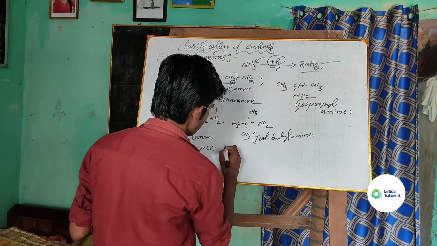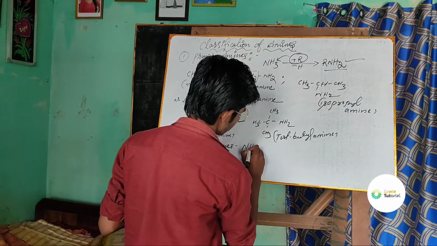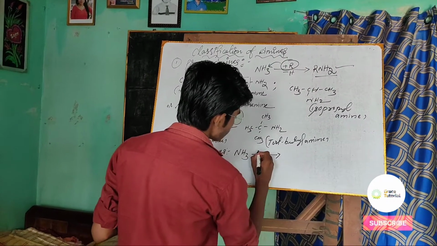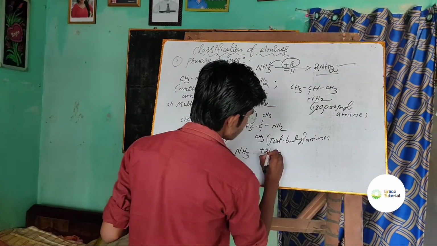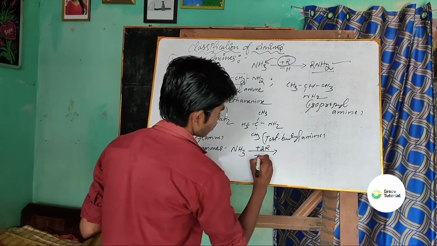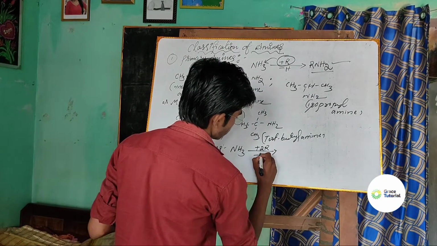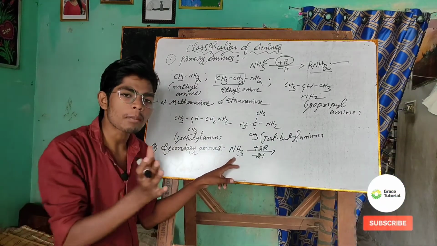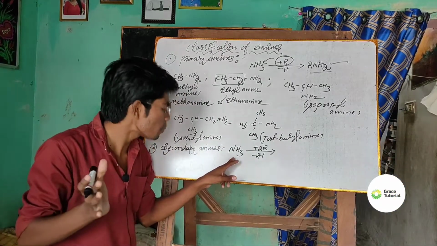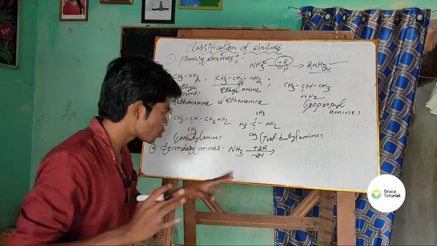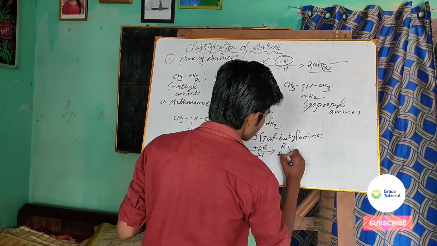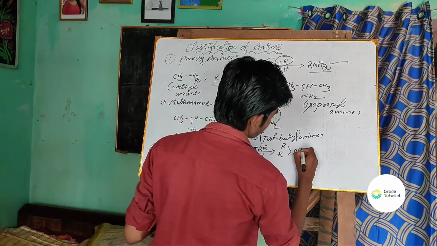Let me show you. This is NH3. And if this ammonia is replaced by two alkyl groups, so the two hydrogen atoms of the ammonia have been replaced by the two alkyl groups. So what is obtained here? RRNH.